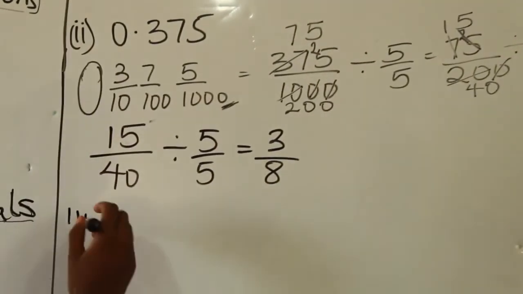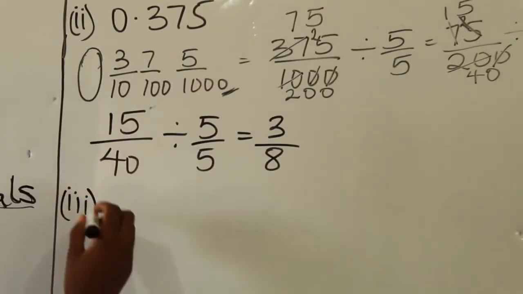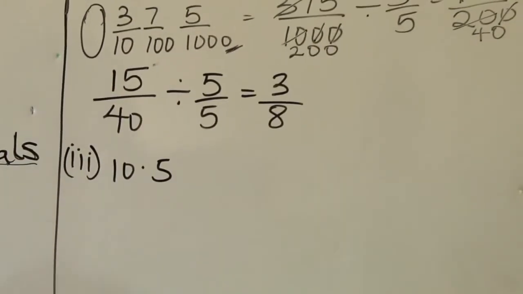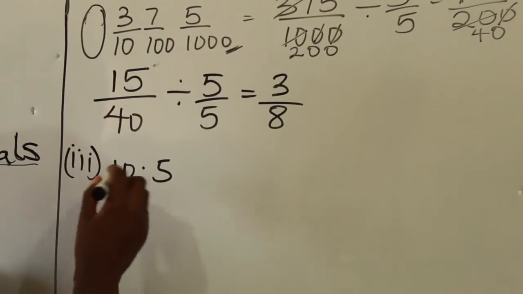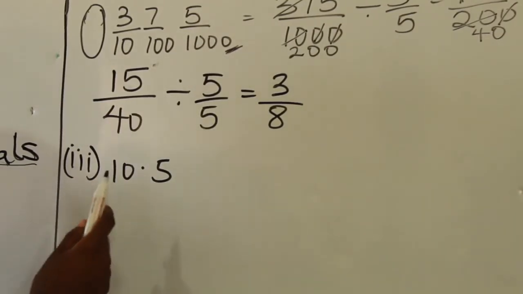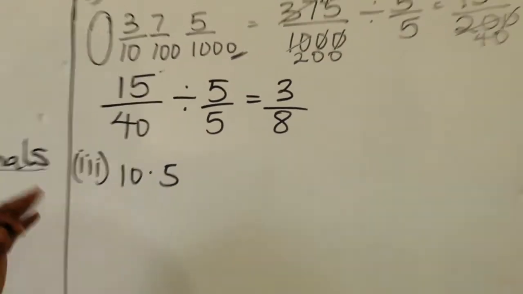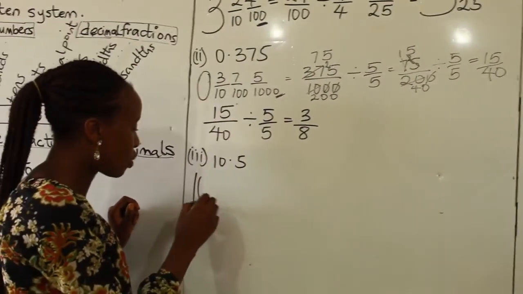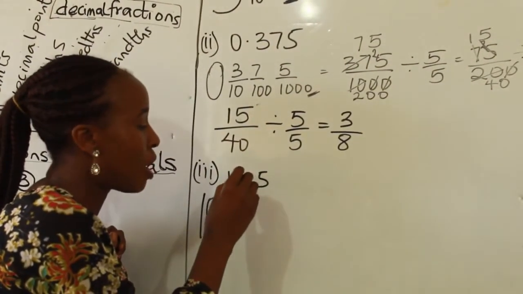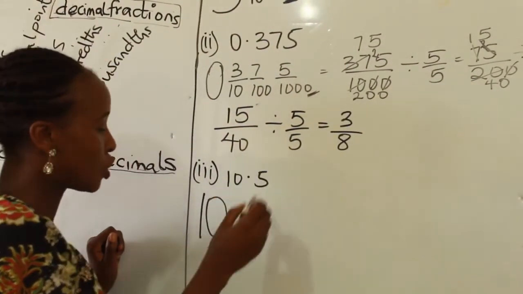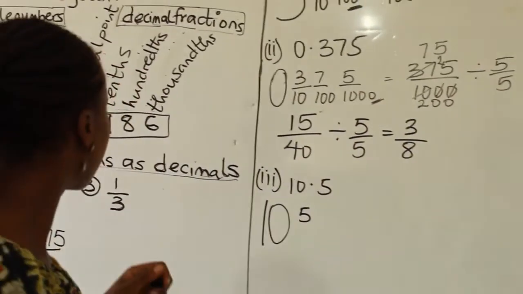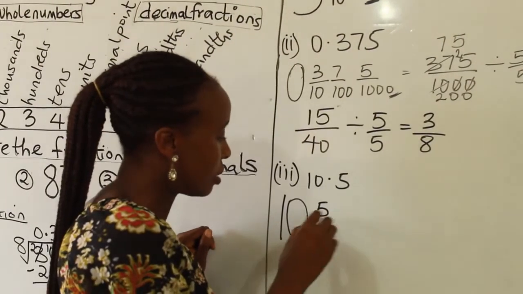All right, next we change 10.5 to a fraction. Like I said earlier, the digits on the whole number side will be written as a whole number. Then the digits after the decimal point, the decimal fraction, will be written as the place value of decimals.